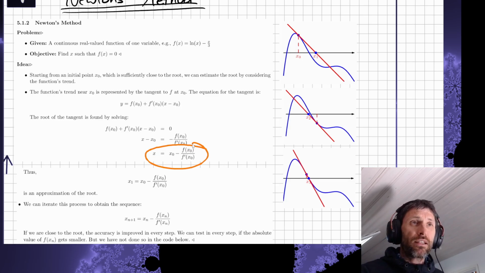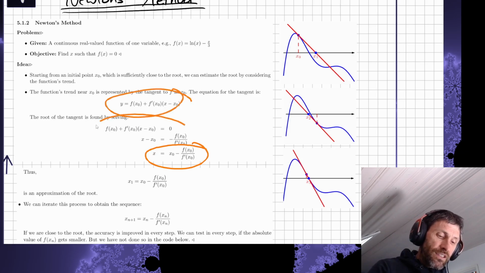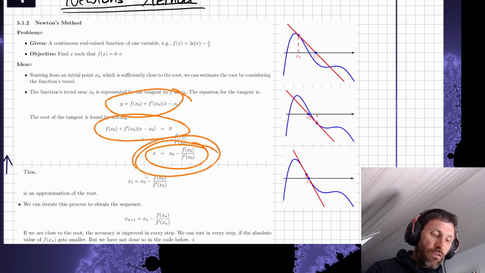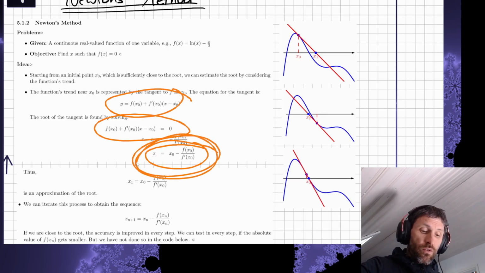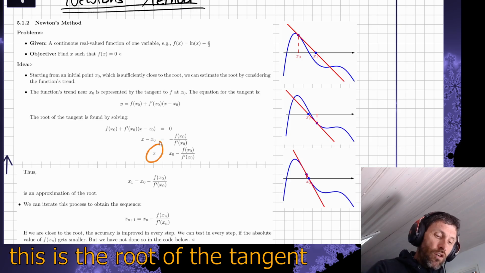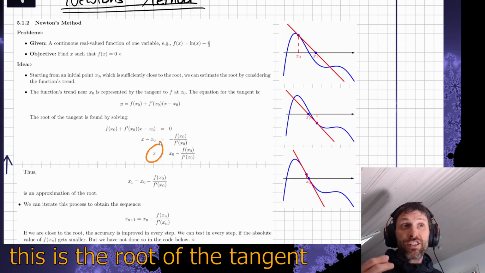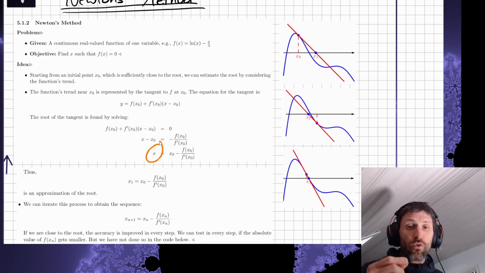So this is mathematical analysis. We found the tangent, we set that tangent to 0, and we find that point. So given some x0, given a function value, given a slope, this is the root of the tangent. And this is the new, the better, the improved point.